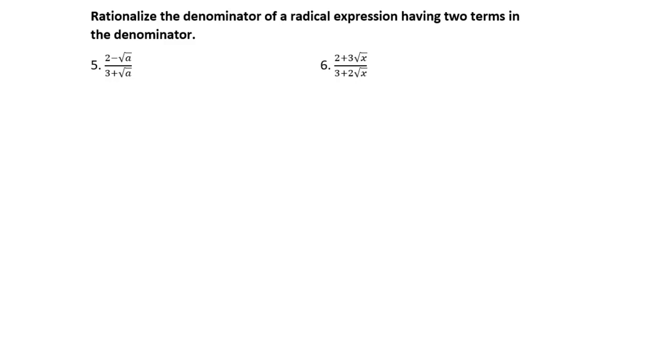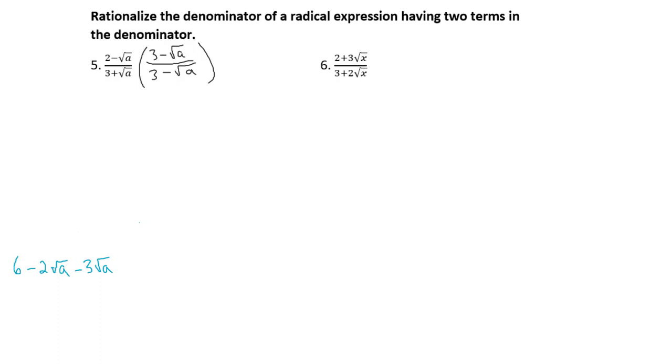All right, let's look at our last set of problems. So here we need to multiply by our conjugates again. So the conjugate would be 3 minus square root of a. I'd like to do all my work on this side. So 2 times 3 would give me 6. 2 times negative square root of a is negative 2 square root of a. Negative square root of a times 3 would be negative 3 square root of a.